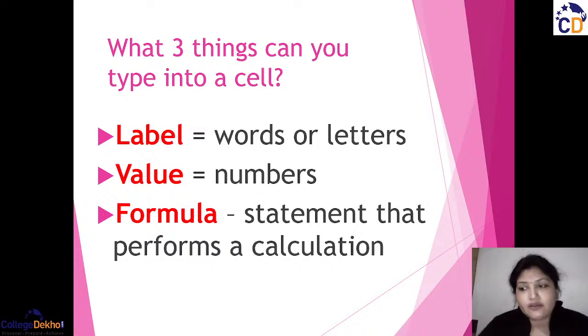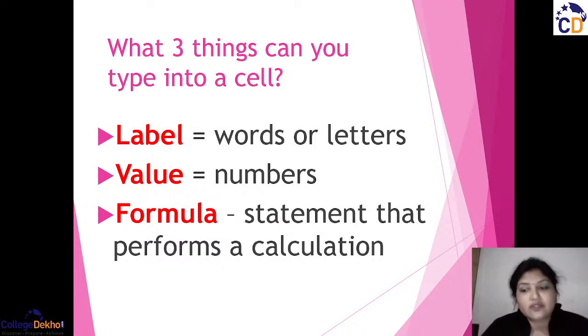So formula, there are inbuilt functions which we can call to perform different calculations. Like if you want to sum all the values of a particular column, you may do it. If you want to perform addition of all the row, you may do it. Or a particular cell, you may do that also.